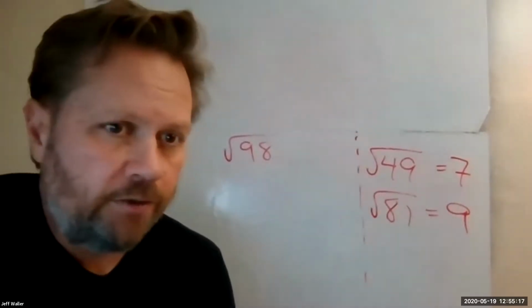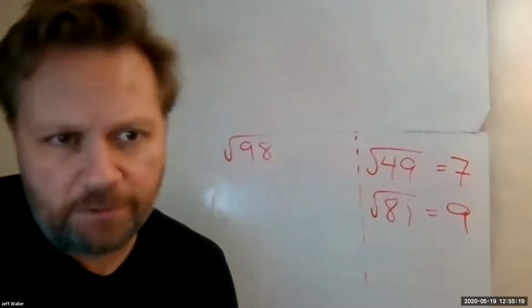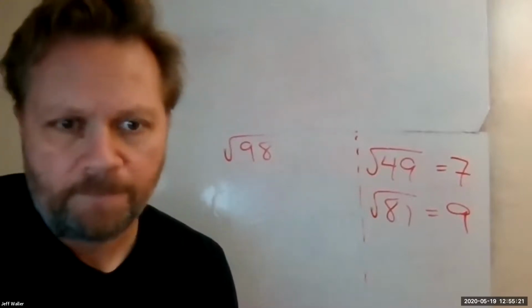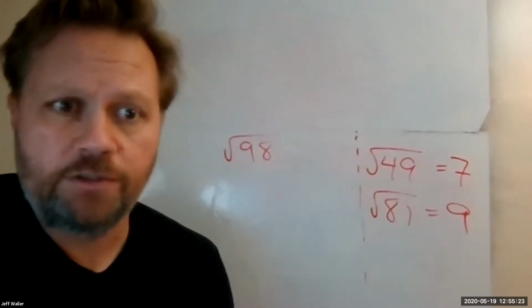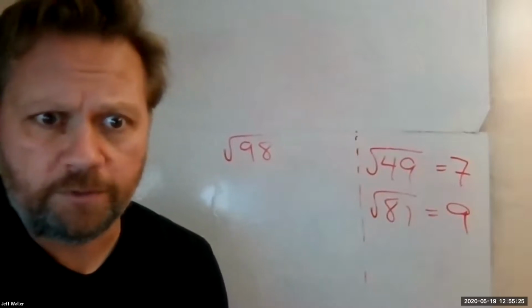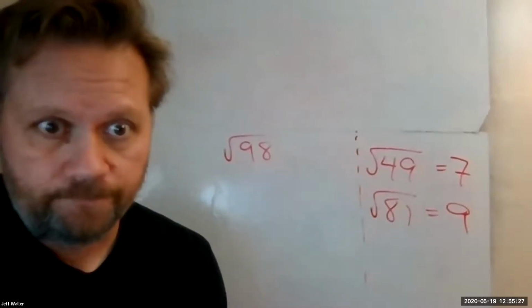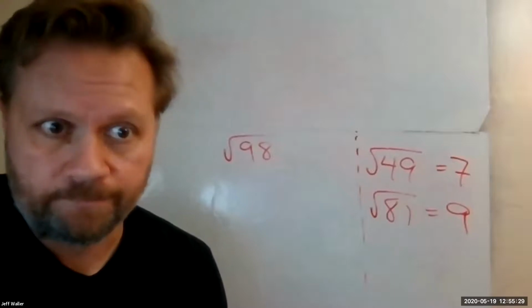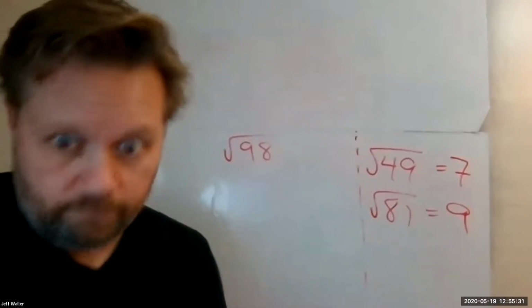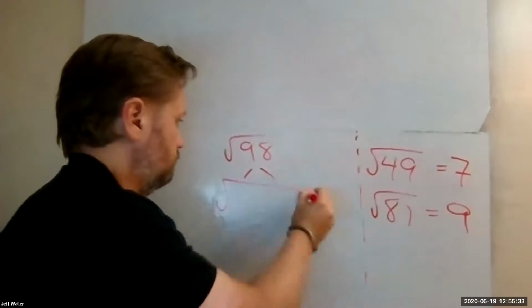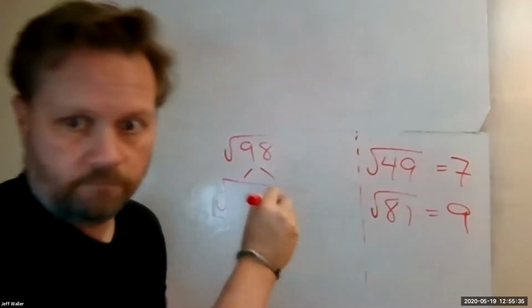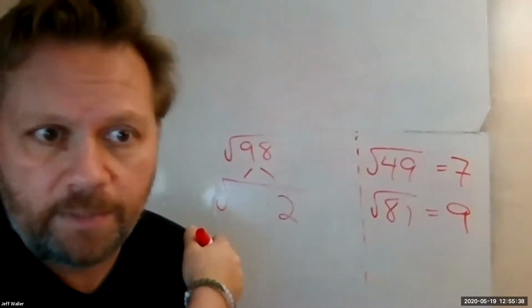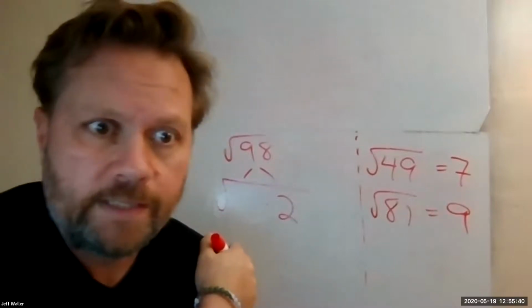And another way to do this is just divide 98 by 2, 98 by 3, 98 by 4. But what's 98 divided by 2? Do you see something useful? What's 98 cut in half? What's 98 divided by 2? 49. Why is that good?